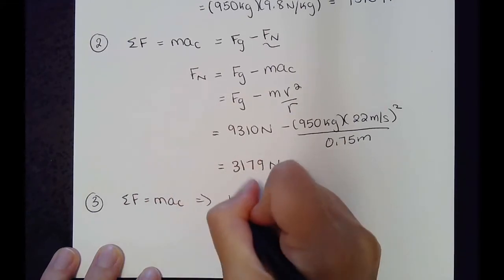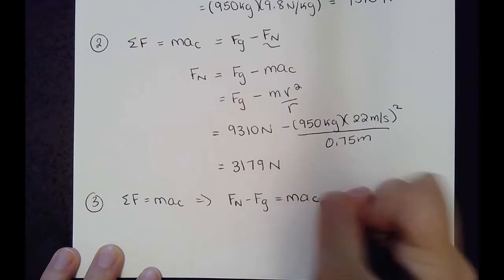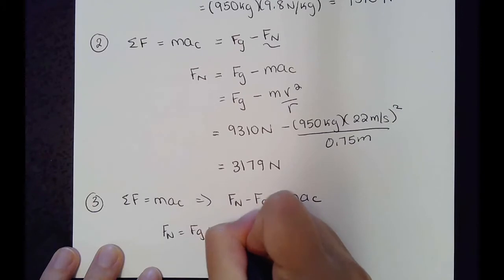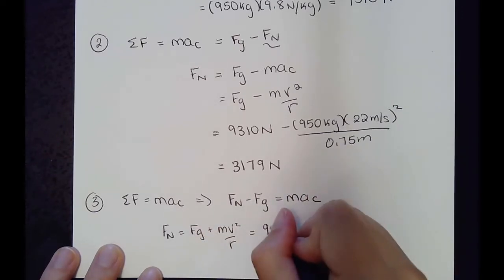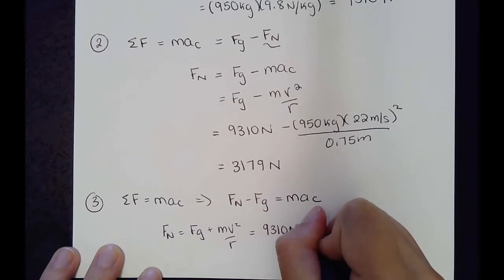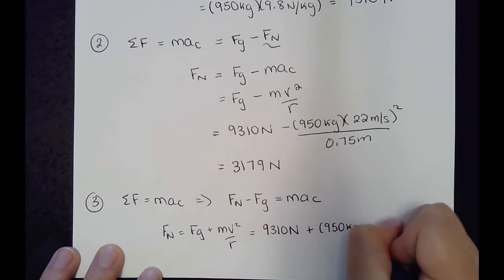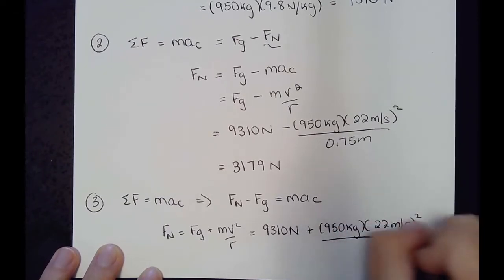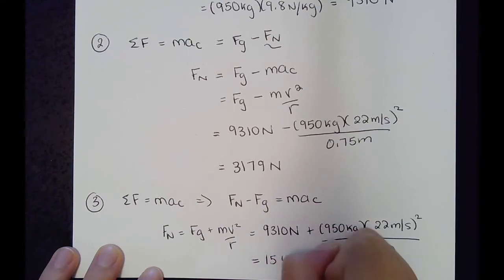So I have Fn minus Fg equals mac, or Fn equals Fg plus mv squared over r. So this is going to be 9,310 newtons plus 950 kilograms times 22 meters per second squared, over 75 meters, which gives 15,441 newtons.